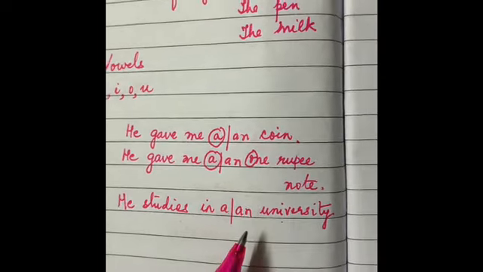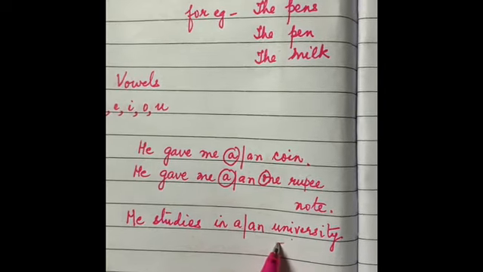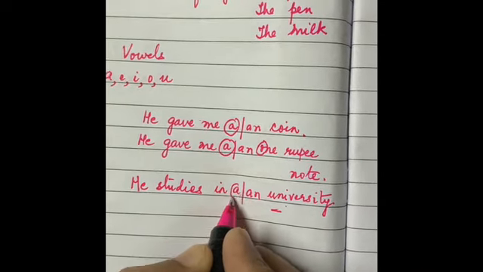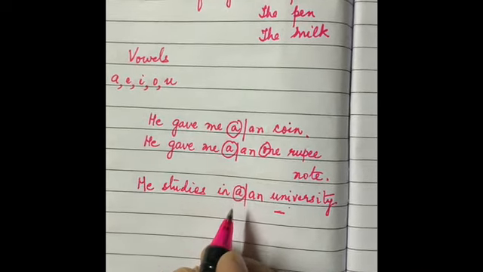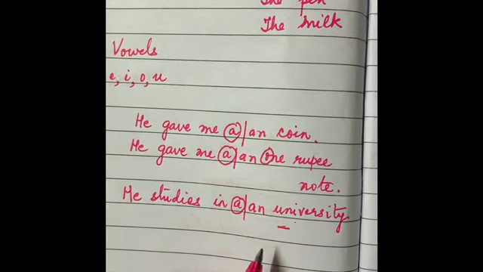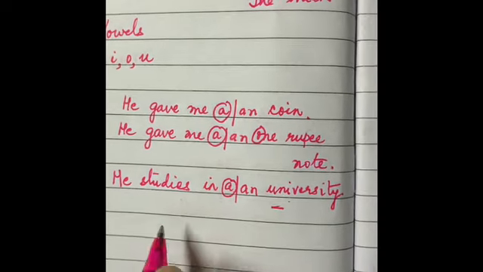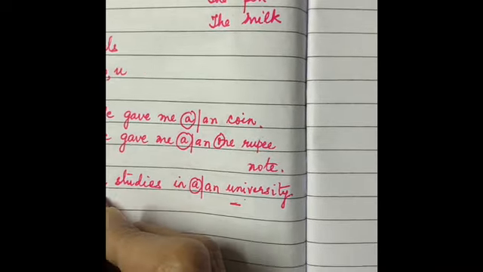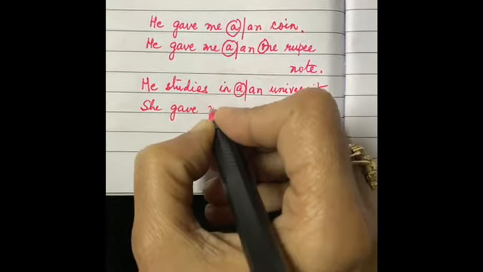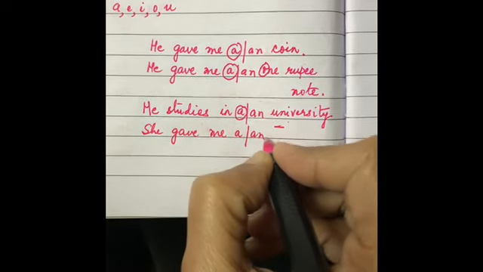But the sound here is of U. So here also we will use the article a, and we will not write an, seeing the word university beginning with the vowel. One more example. She gave me a or an umbrella.